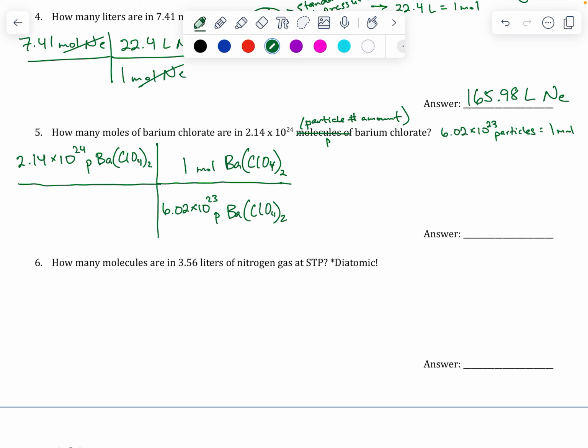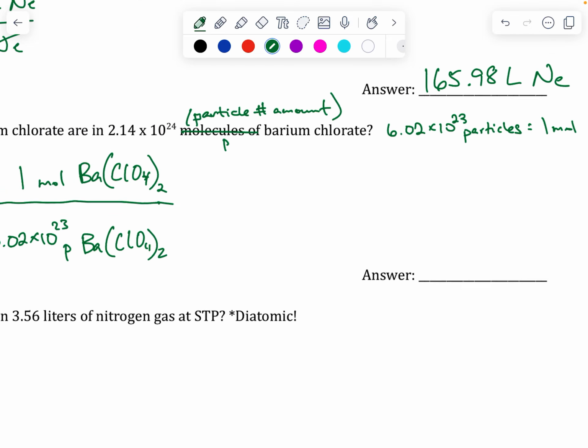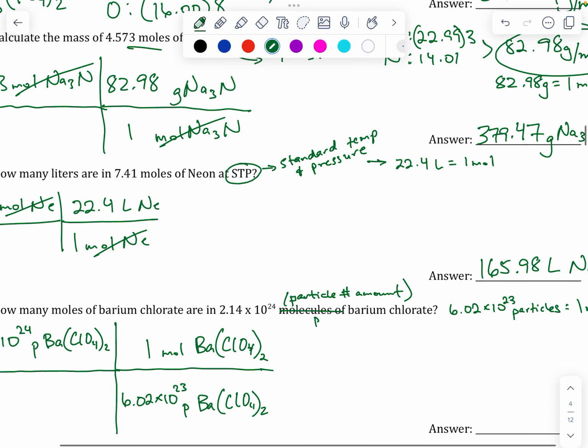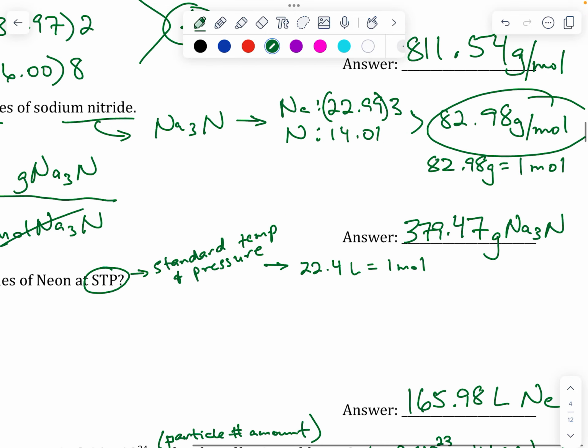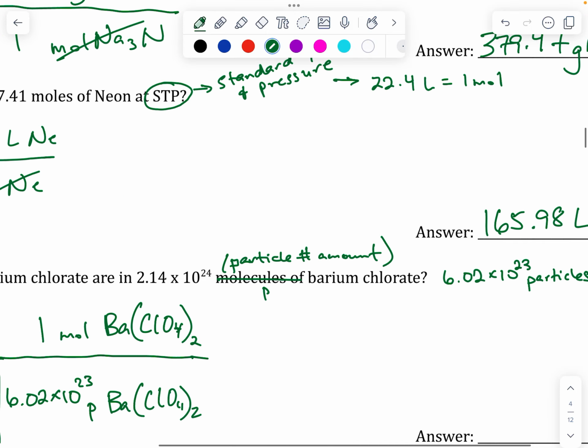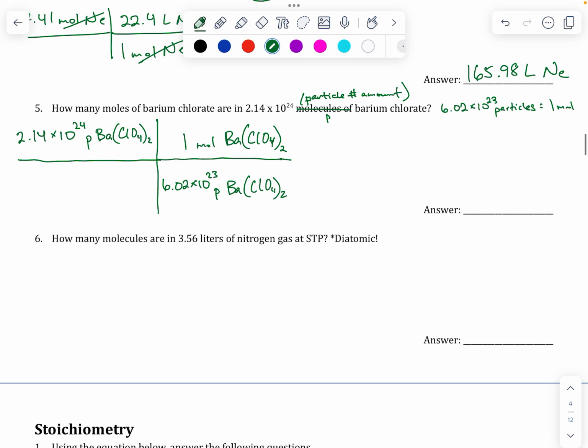That's why moles are such a big deal in chemistry, because it allows us to bridge things like particles and number in counting to liters, say, or to grams, right? So that's the whole idea behind that mole value. So particles or molecules, whatever you kept it as, go away.